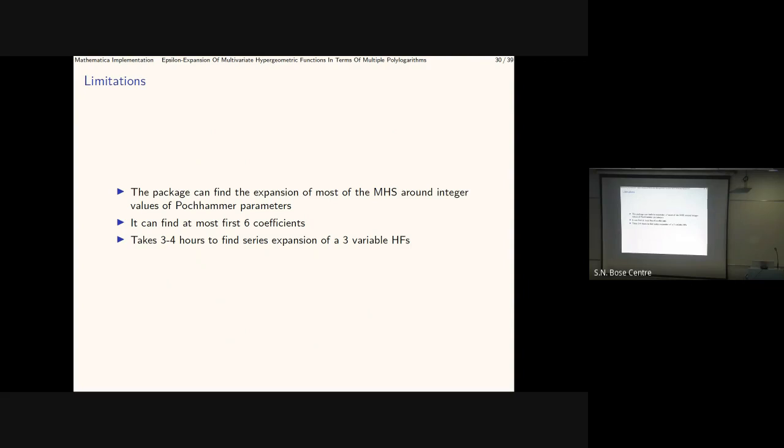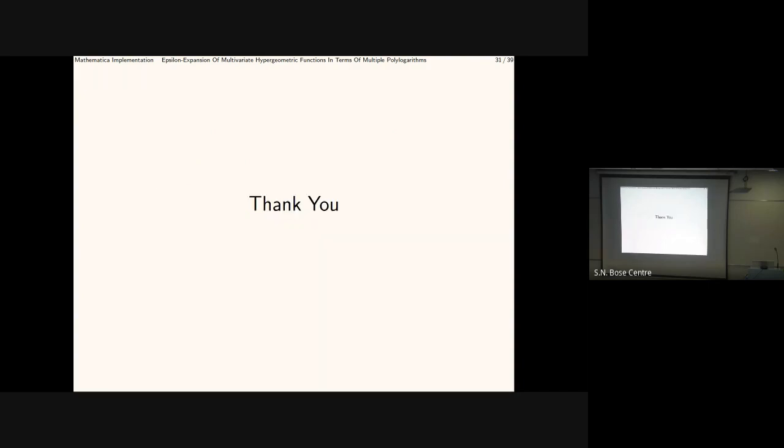It can handle MPLs, multiple polylogarithms, up to weight 6. That's why you have to restrict the highest power of epsilon to epsilon 6. And it sometimes takes time to run for a three-variable hypergeometric function because the dependent package takes too much time to evaluate. So this is what I have.